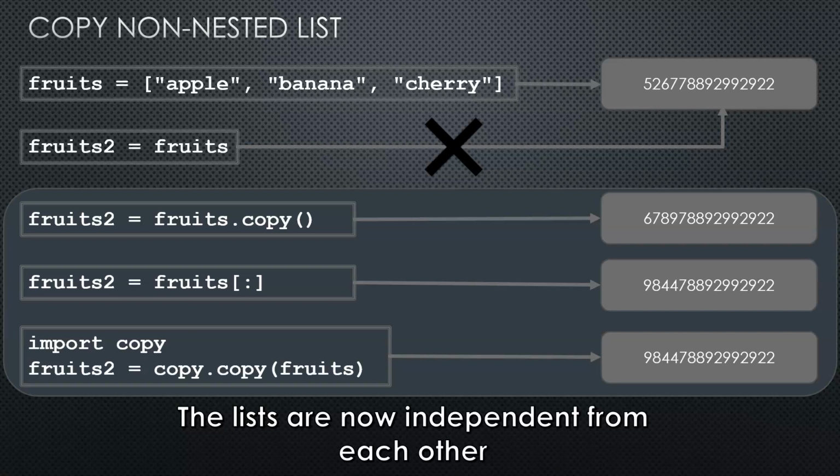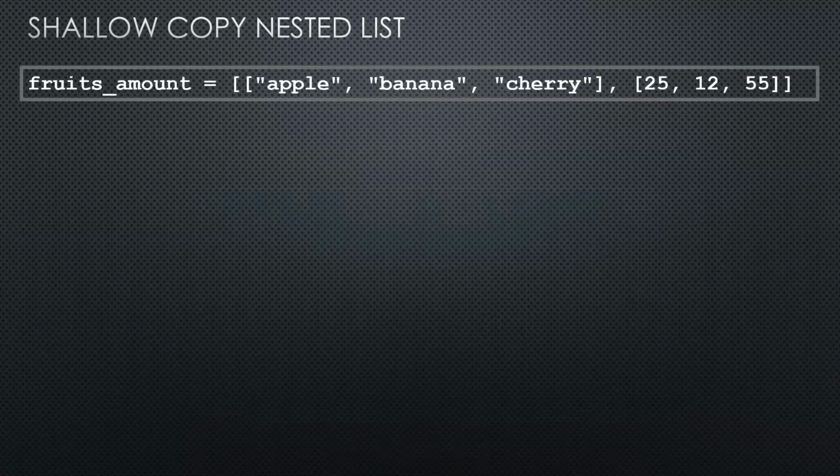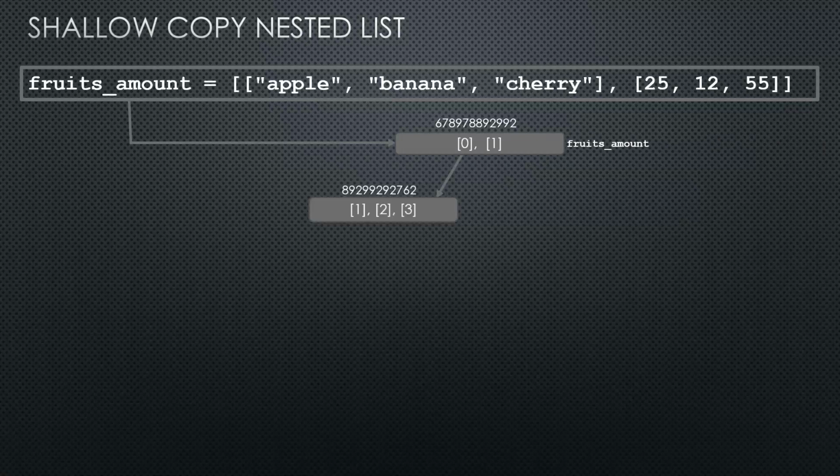For nested lists, the situation is different. When we have a nested list, fruits_amount, which contains two internal lists, it will get its own memory location, and the internal lists will be pointing to their own memory locations as well.